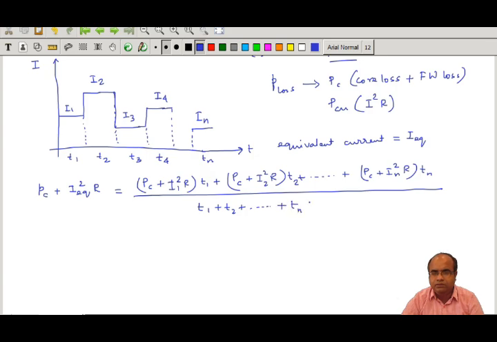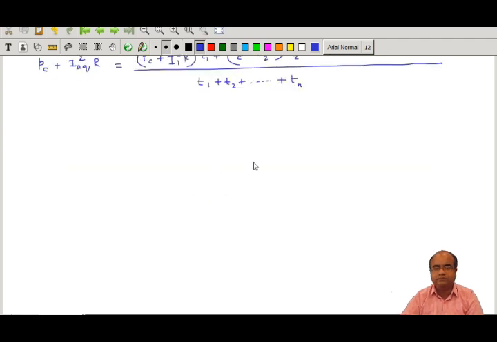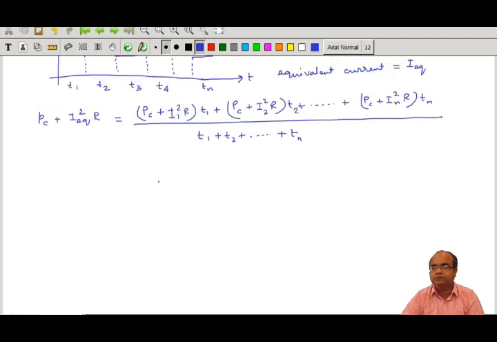up to tn. Okay. Now if I split this equation, that becomes PC in all the time period.